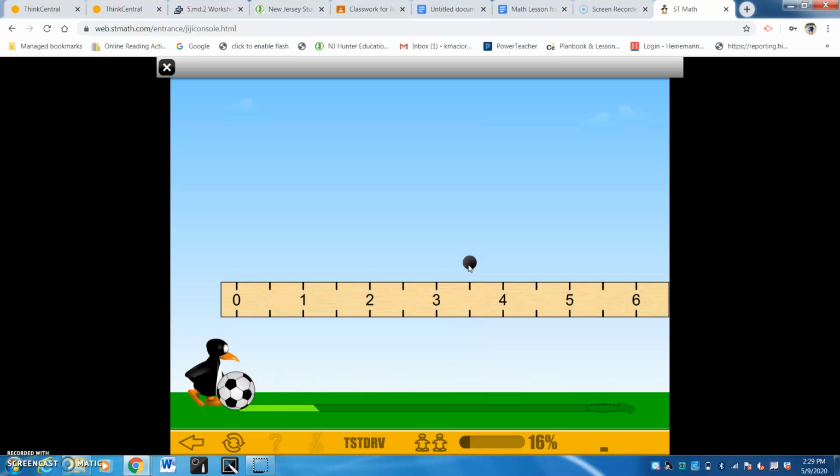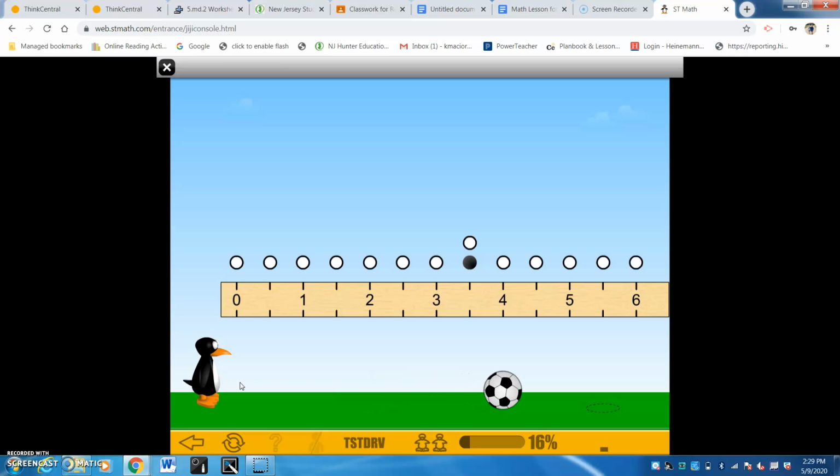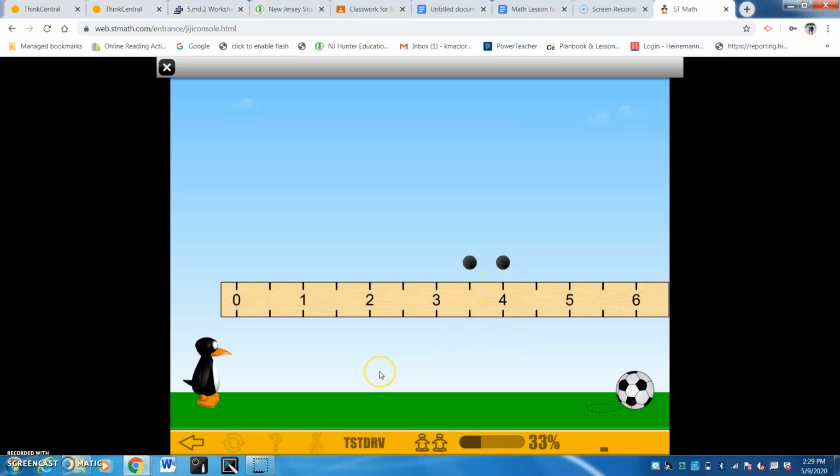And this is how you're completing that objective of making a line plot to display data. So once again, go through this for 15 minutes just to practice making a line plot using a given set of data.